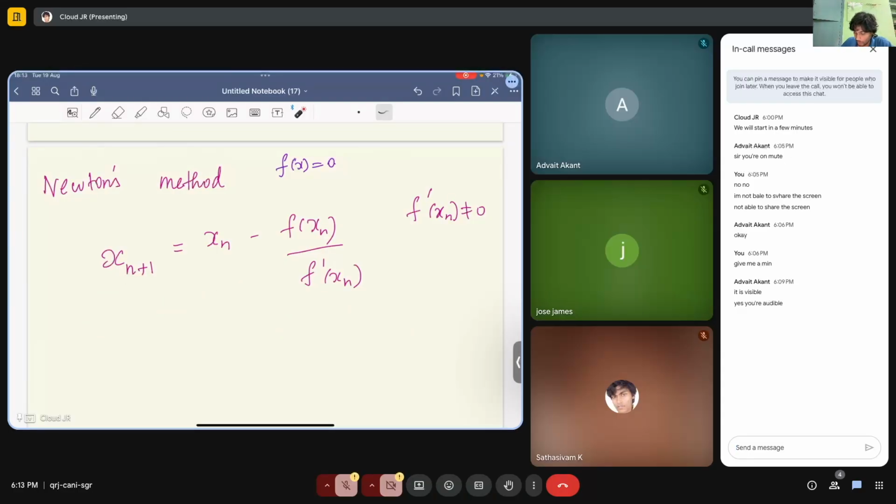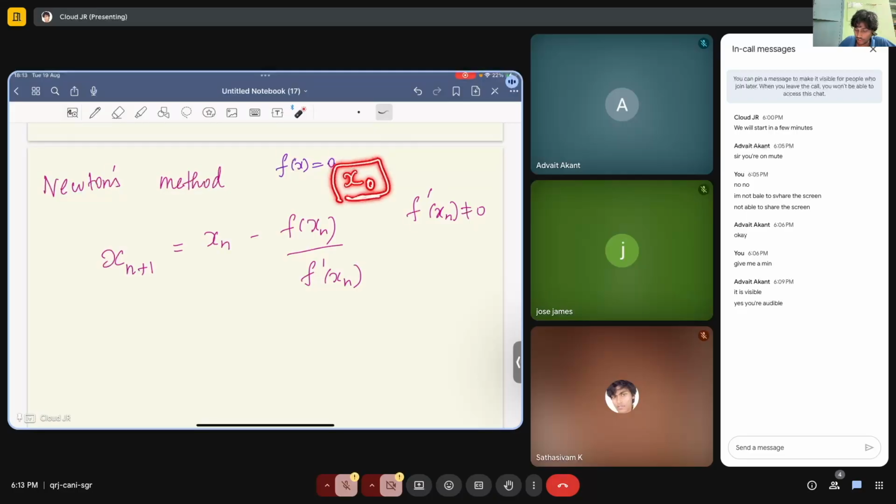But one thing you can quickly observe here is that we have this f prime of xn in the denominator, right? So that has to be taken care of. If your f prime of xn becomes 0, then you cannot find the xn plus 1. In that case, you change whatever x naught you start with.